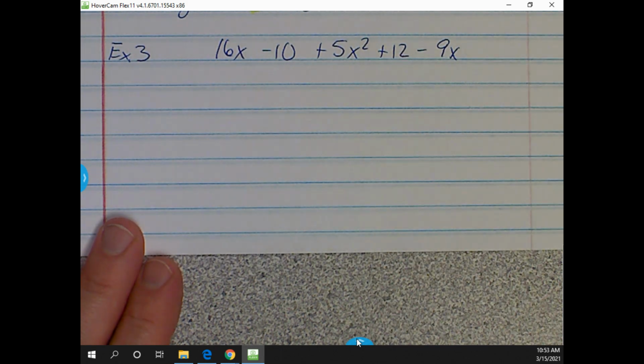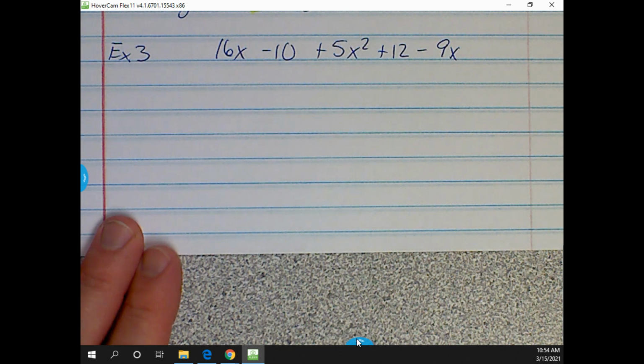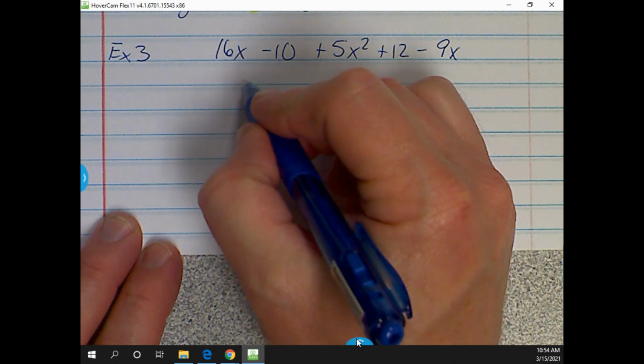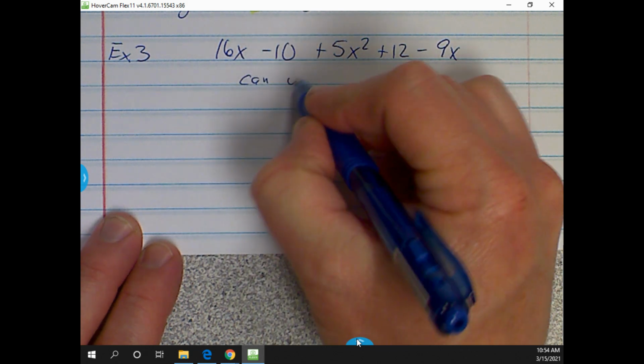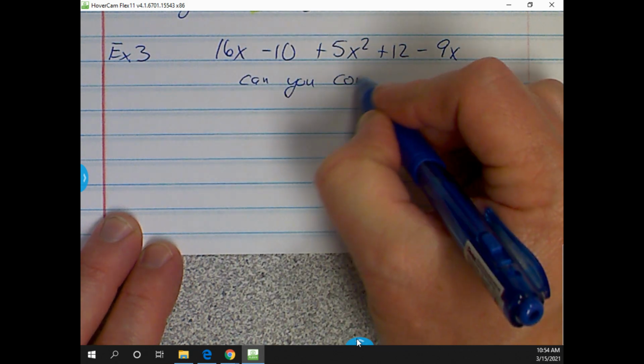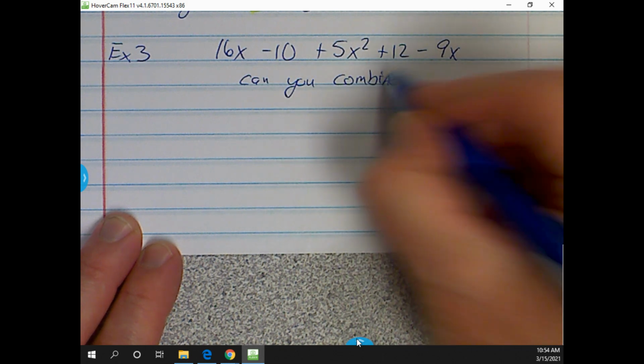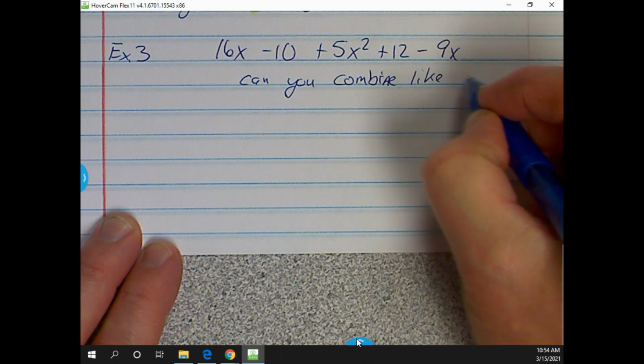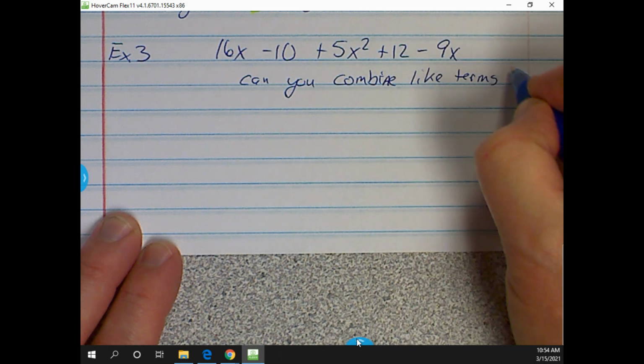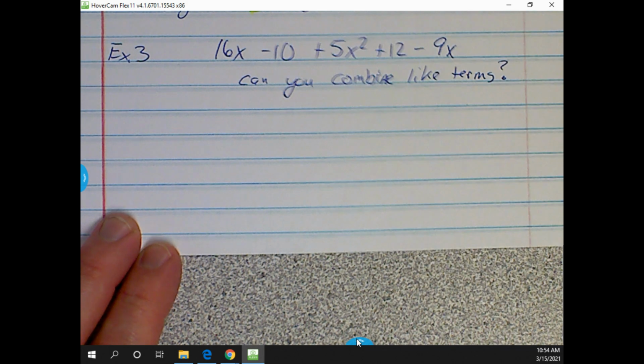All right, here's what makes this one a trick question. The only trick part on this one is basically you ask yourself, can you combine like terms? Well, you could, right?